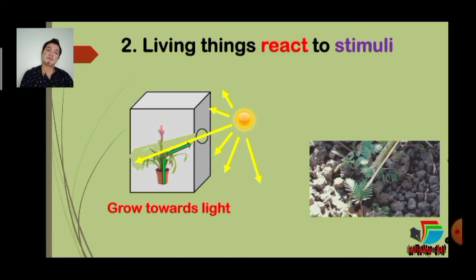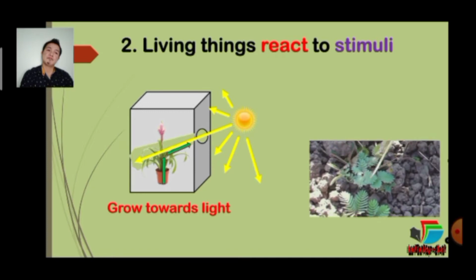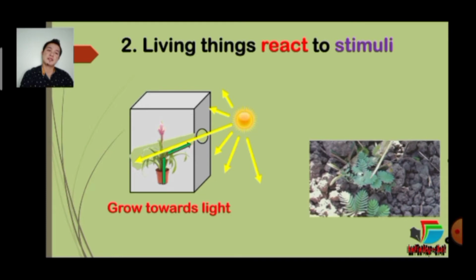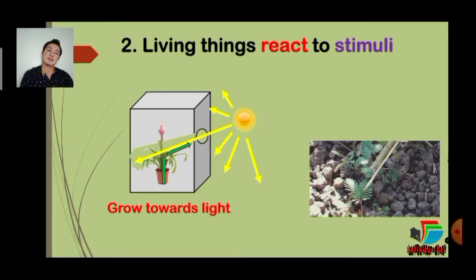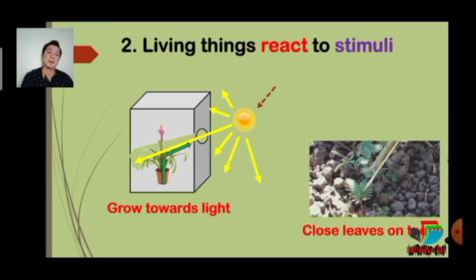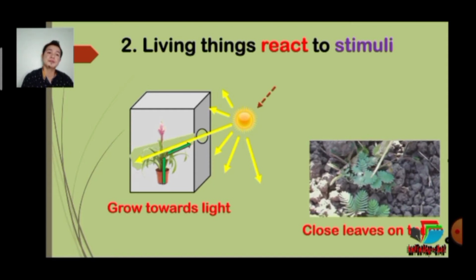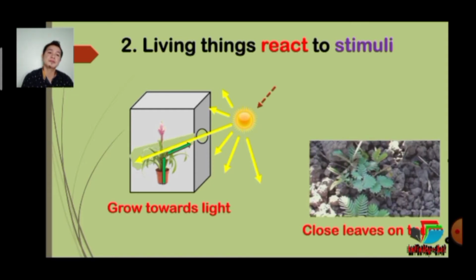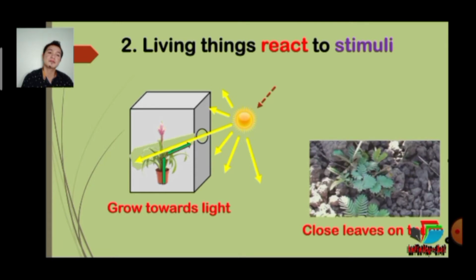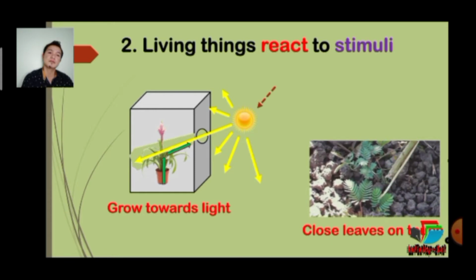Now we have another example, the mimosa plant. This mimosa plant reacts by closing the leaves on touch. When we touch the leaves, you see them closing as they are being touched.